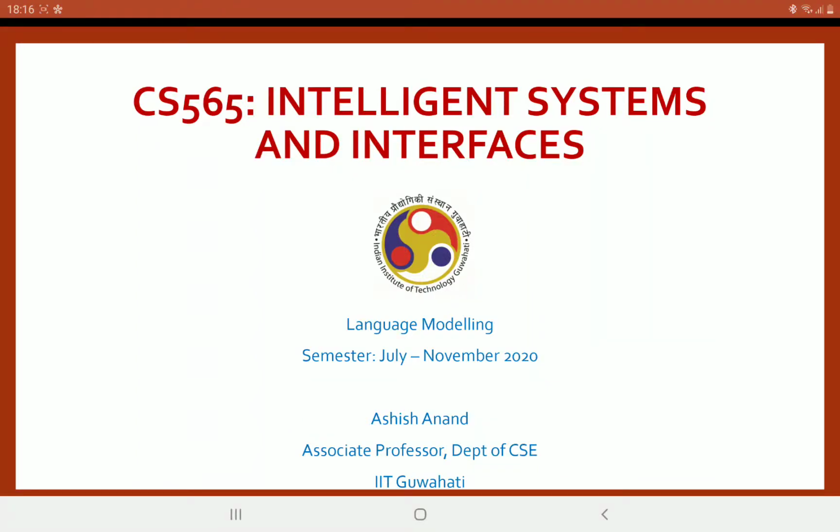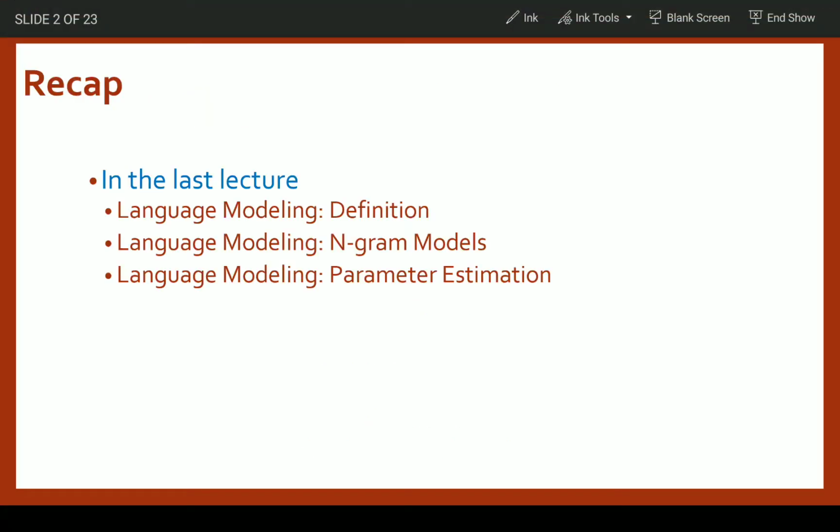So we will continue our discussion on language modeling. In the last lecture, we defined what we mean by language models, and we looked into the particular example of n-gram models, which take the Markov assumptions, and then we saw how to estimate those parameters.